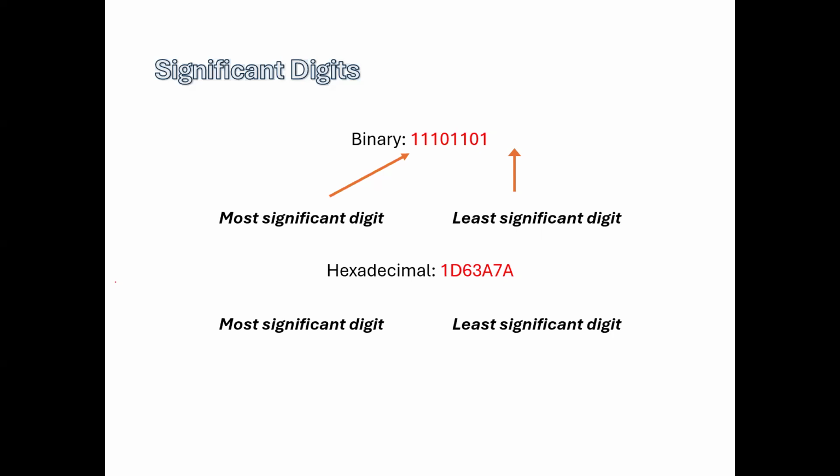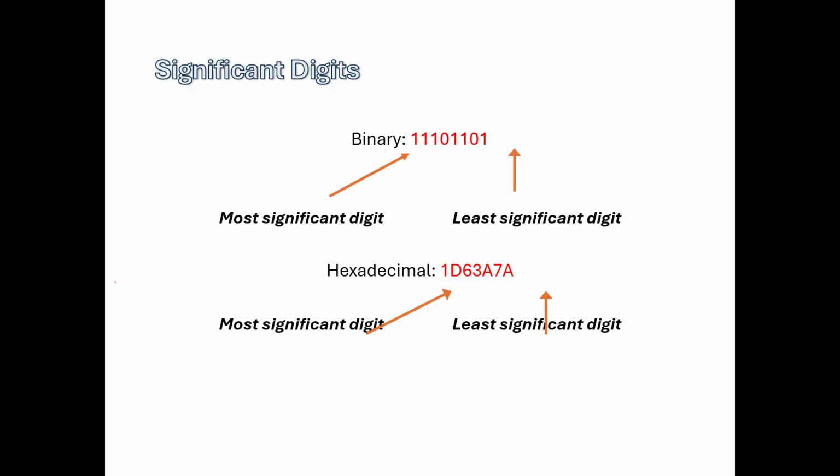Any takers? The one. The one. And the least significant bit is which one? The A. The A. So that is what we have over here.